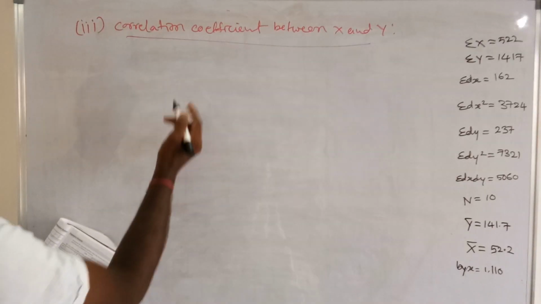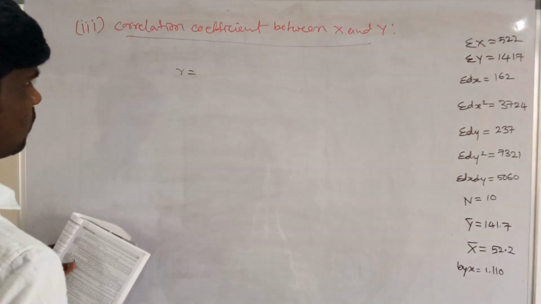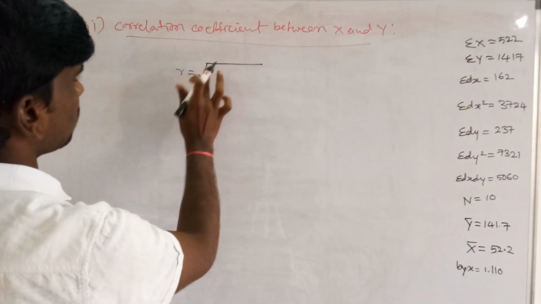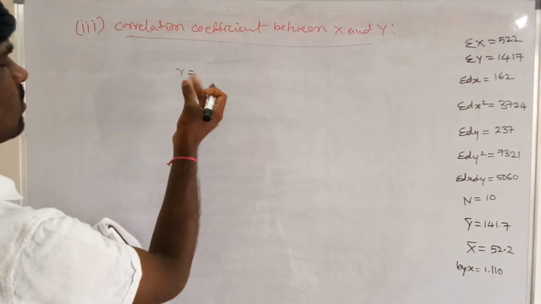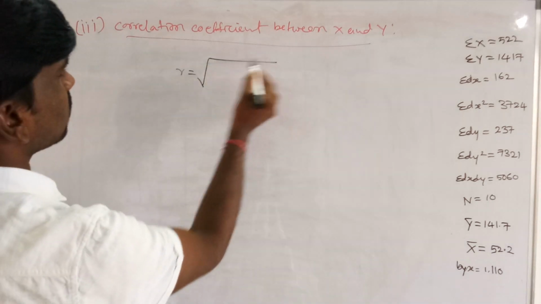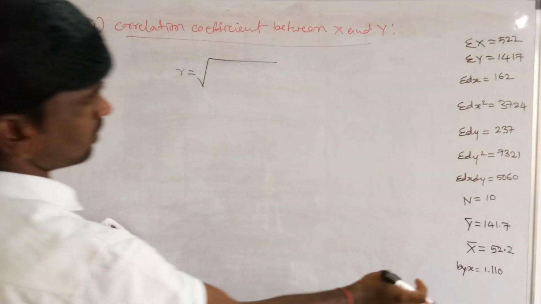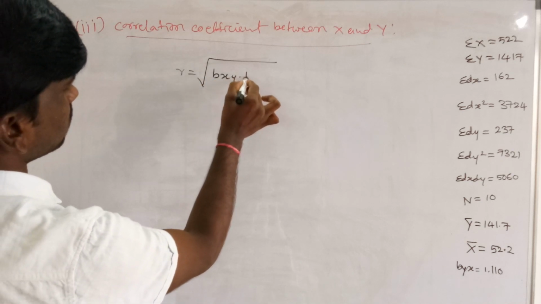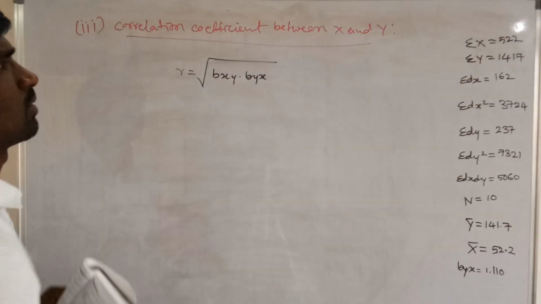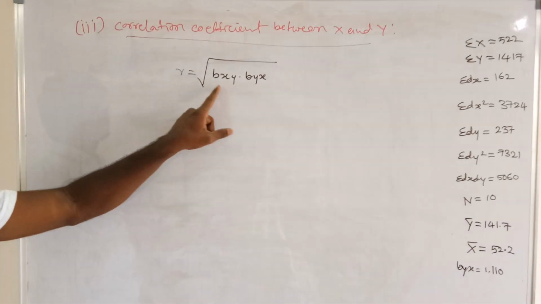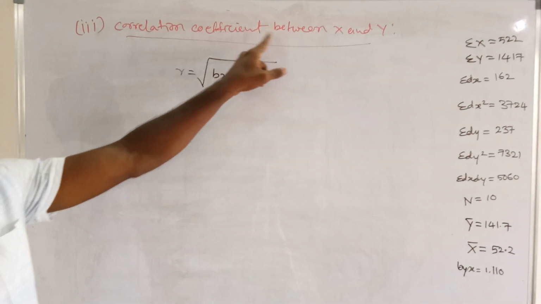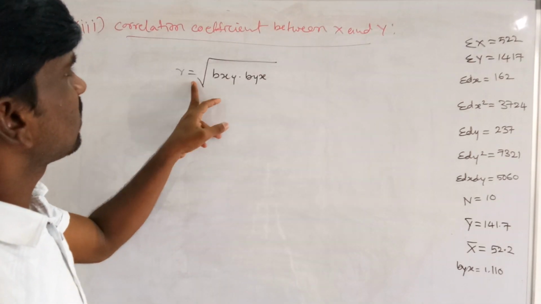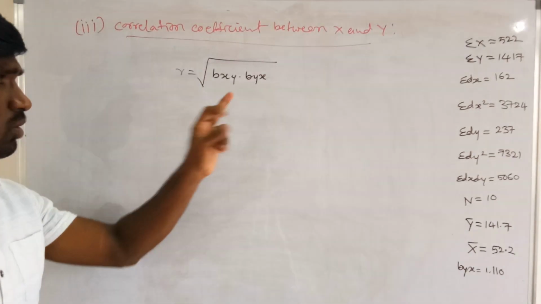That is R is equal to under root bxy into byx. This is the formula to calculate the correlation coefficient between x and y, or between y and x.